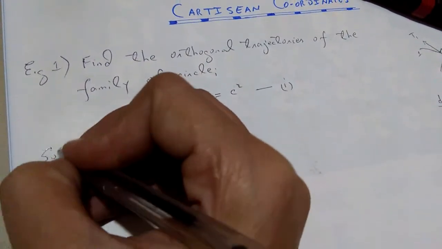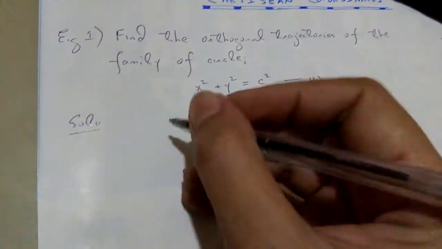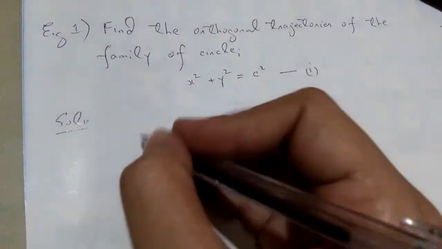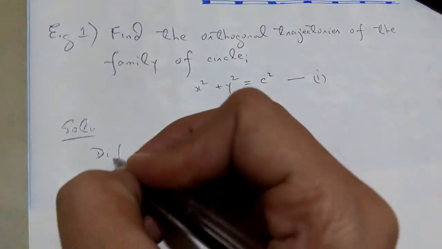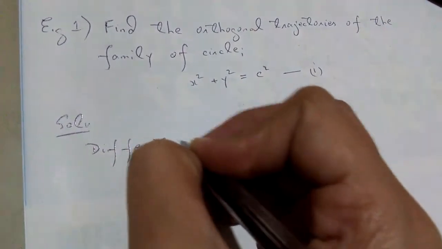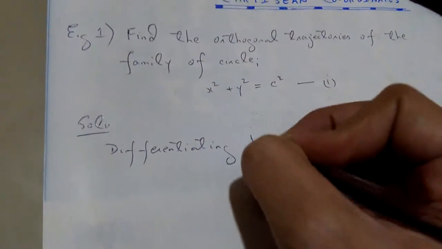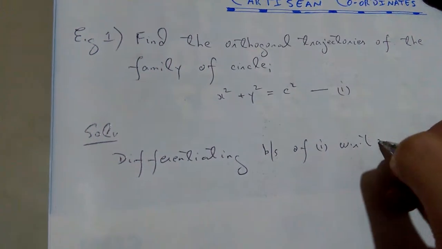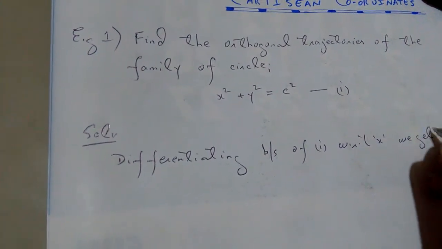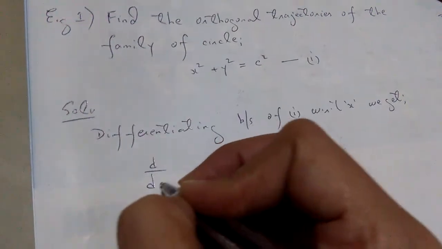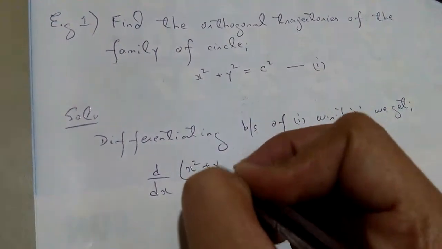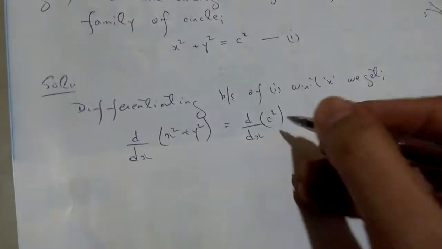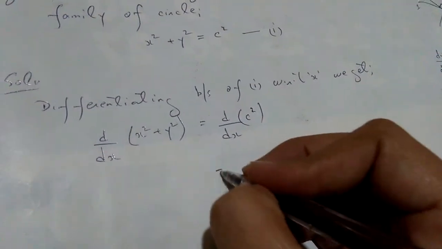All right, so we make a neat heading, and now we differentiate this equation with respect to x. Once we differentiate entirely, you see this is a constant, so its derivative is going to be 0.